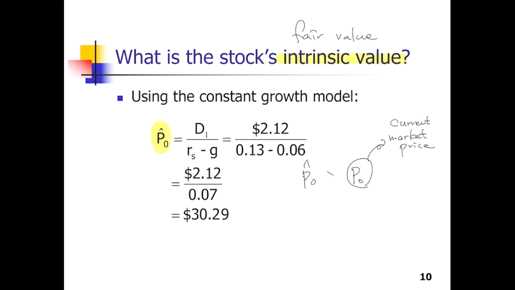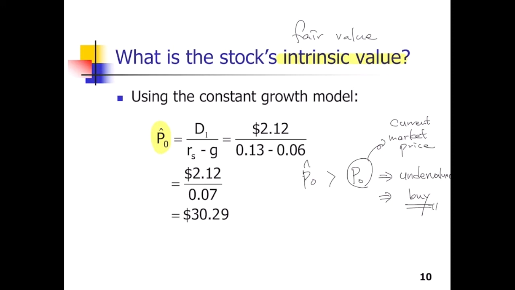In this case, intrinsic value is higher than P0, right? Is the stock undervalued or overvalued? Which one? Undervalued. In this case, buy or sell? Buy. Because this stock is undervalued, sometime later this price can go up to the fair price.